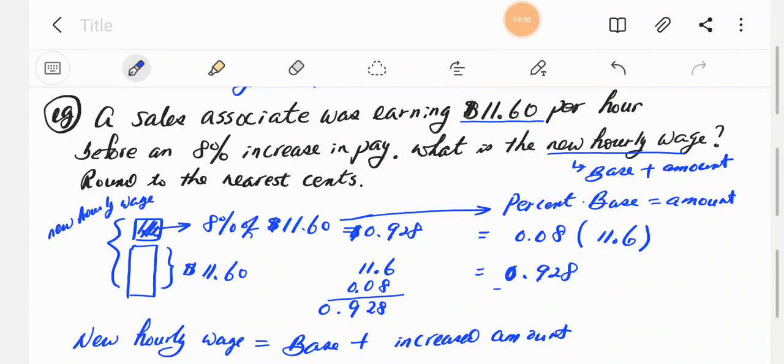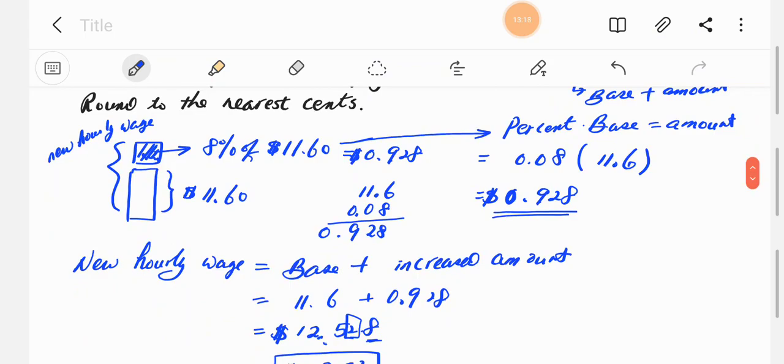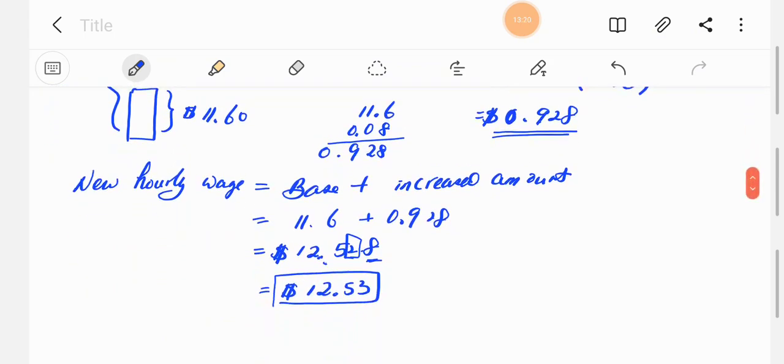So we got this one, and this is the increased amount. So the new wage is the sum of this increased amount and the base amount. The base is the original amount. Okay, so the new hourly wage is $12.53.